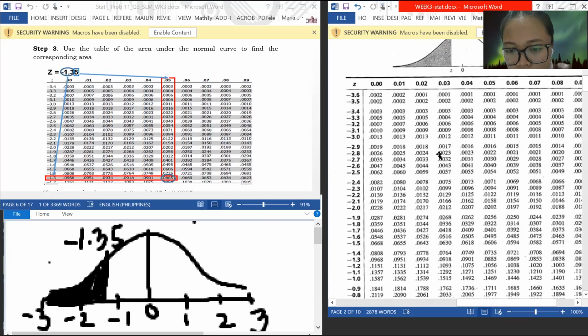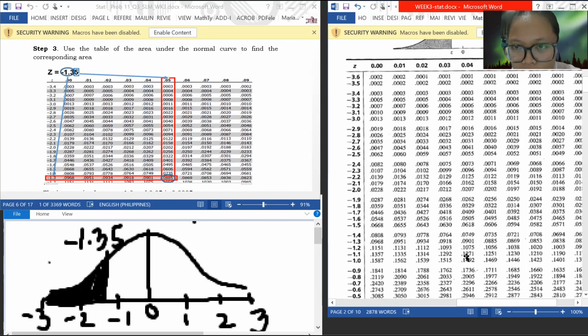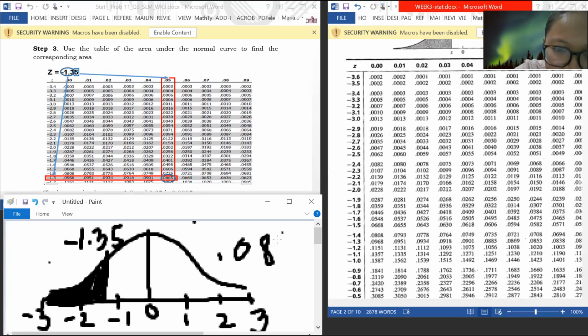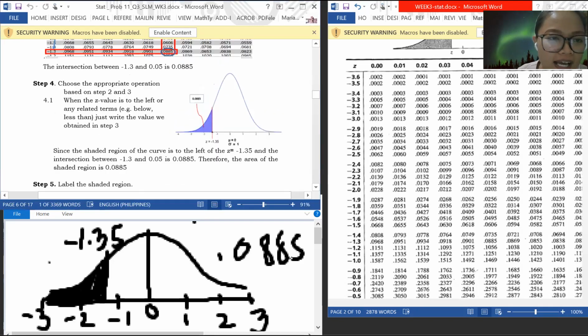Okay, 1.35: 1.30, 1.31, 1.32, 1.33, 1.34, 1.35. The value is 0.0885. That is how the table is read.